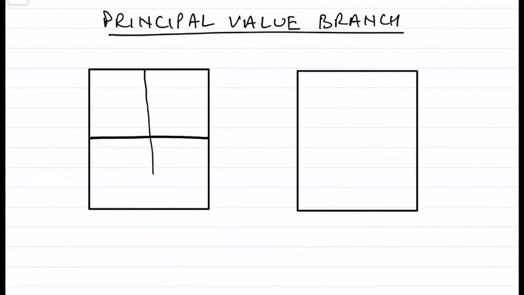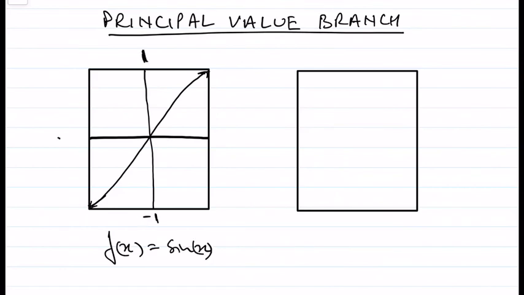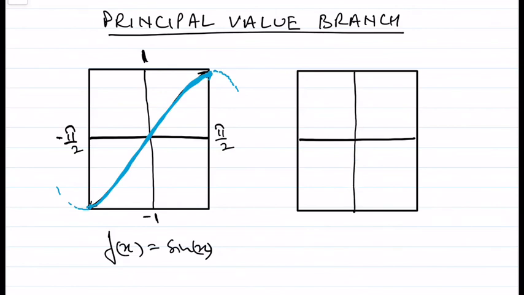So in the principal value branch, we just reverse the order by switching x with y to achieve an inverse sine function. So here in f(x) = sin x, the restricted domain is -pi/2 to +pi/2, whereas the range is -1 to 1. To achieve the inverse of this function, we just switch the roles of x and y.